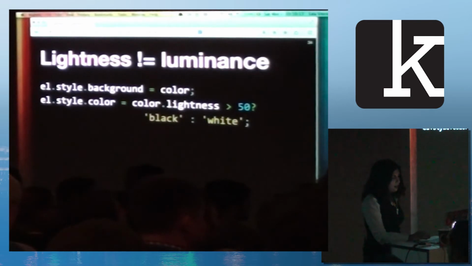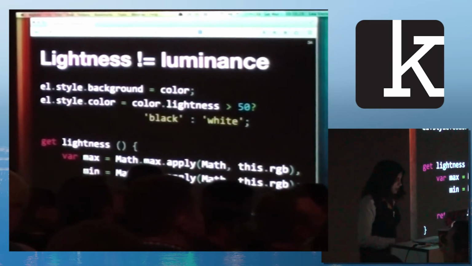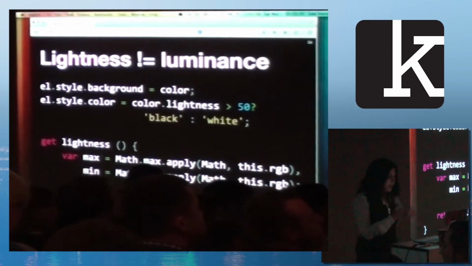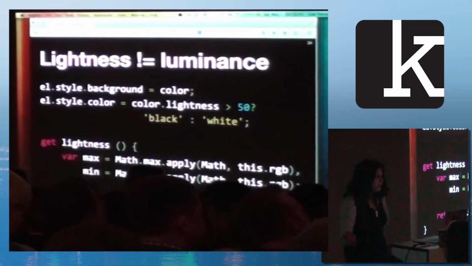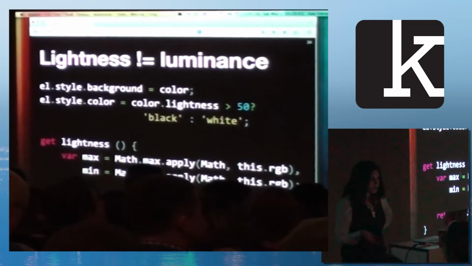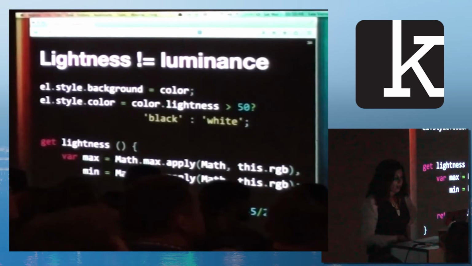But that won't work, because if you see how the lightness getter is defined, this is how HSL lightness is computed, it just gets the maximum of the 3 RGB coordinates and the minimum and averages them. That's it. If you have lots of green, it counts the same towards lightness as a lot of blue, even though our eyes are much more sensitive to green than they are to red than they are to blue.